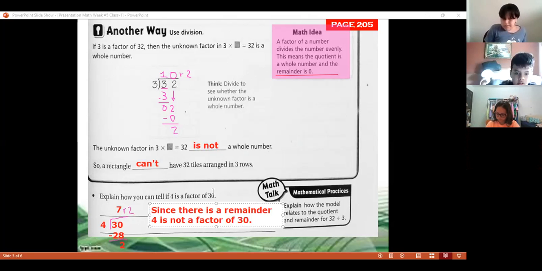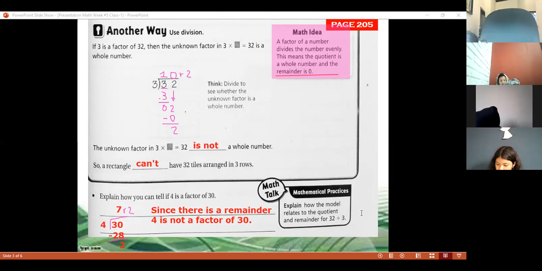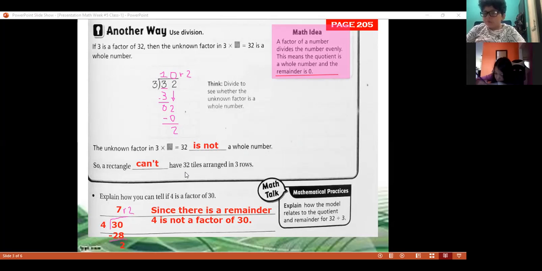There is a remainder, so 4 is not a factor of 30. Yes? You have to write, copy everything. Yes, you can copy the division so you know why the answer is no. Copy the division also.